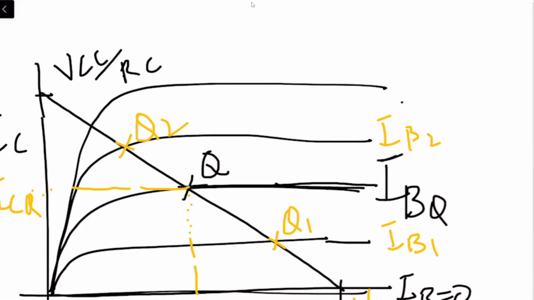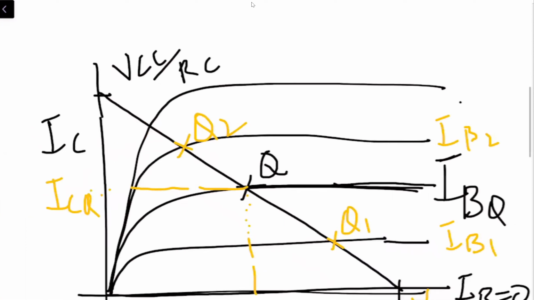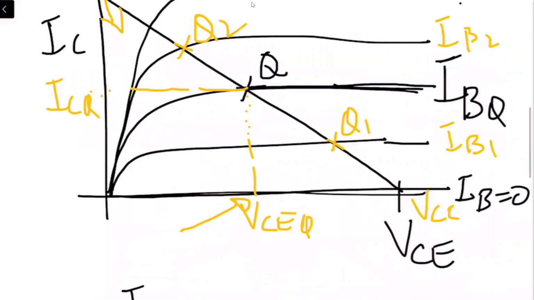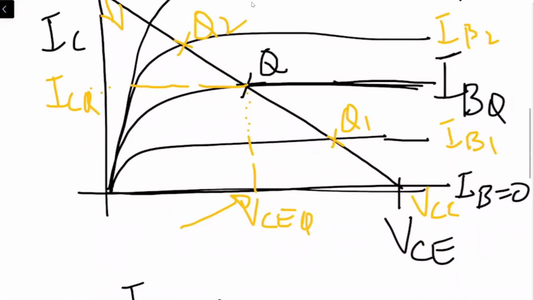Yes, sir. Is it making sense? Yes, sir, it is. So this means the point of operation can either move towards the saturation region, because if you remember, this region here is called the saturation region, and this region over here at the bottom is called the cutoff region.